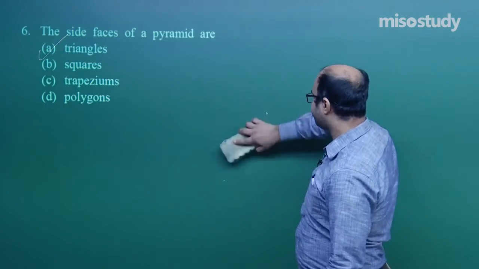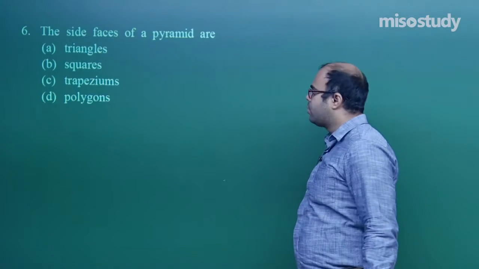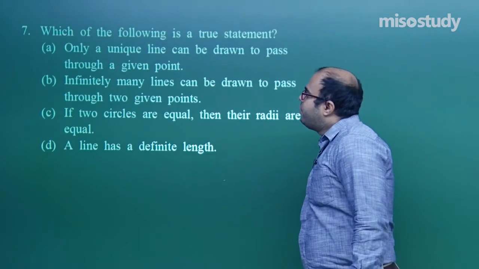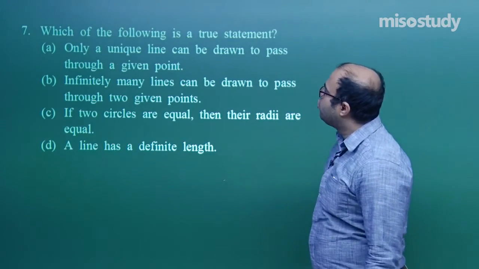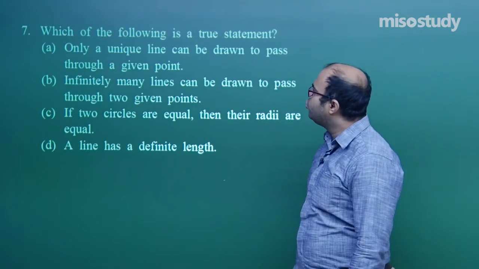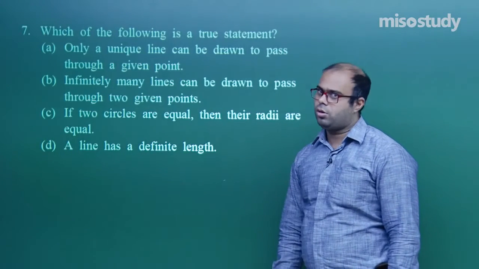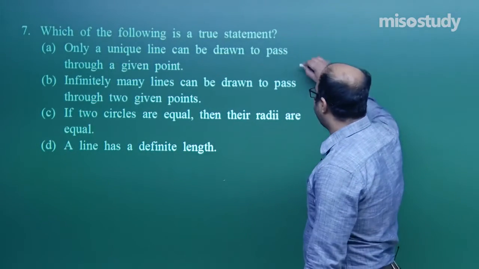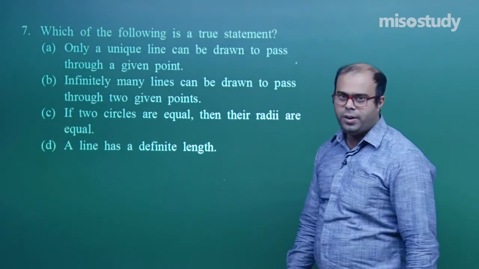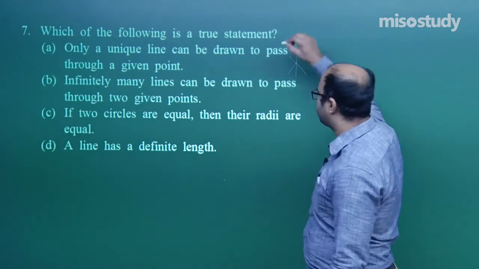Okay, students. Now, let us come to the 7th question. Which of the following is a true statement? So, let us see each one of them. Only a unique line can be drawn to pass through a given point. This is not true. If there is a given point, there cannot be a unique line which can pass through it. There can be infinite lines which can pass through it.